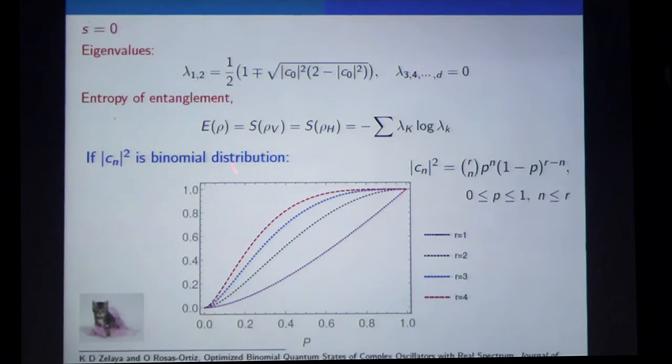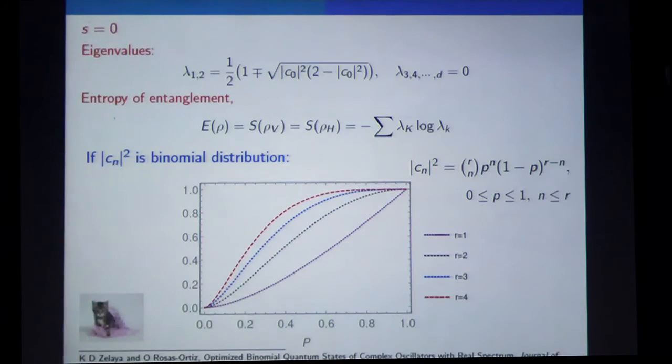First, let us consider the vacuum state in this linear combination, where after diagonalizing the density matrix, we find two eigenvalues different from 0, and the other eigenvalues are equal to 0. Then the entropy of entanglement is in terms of these two eigenvalues.